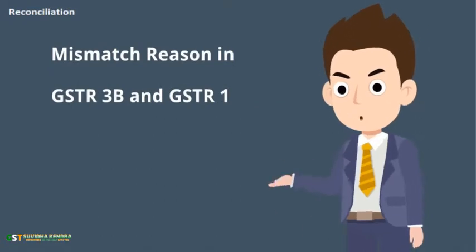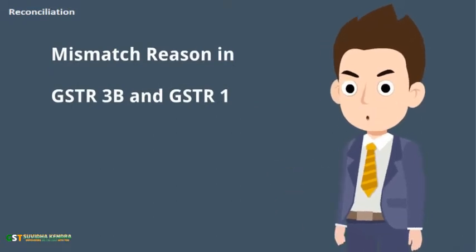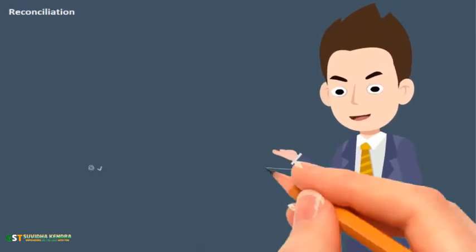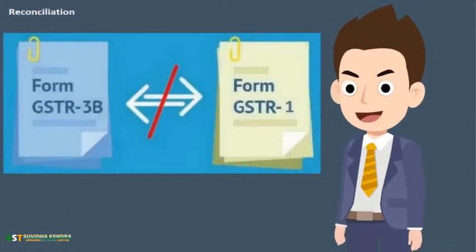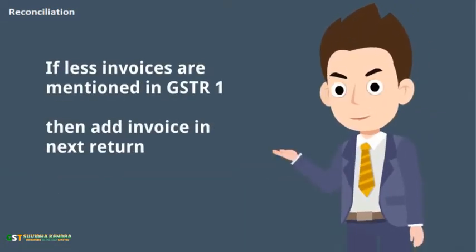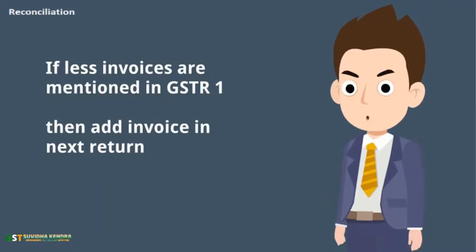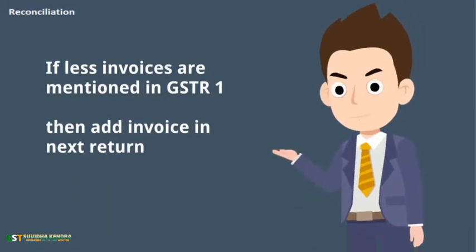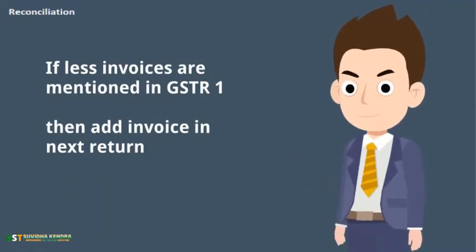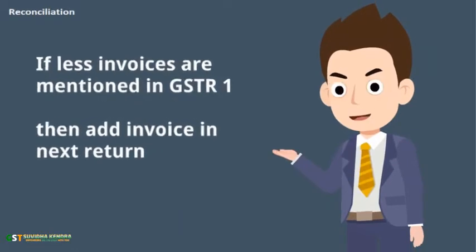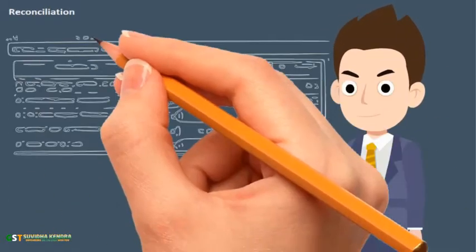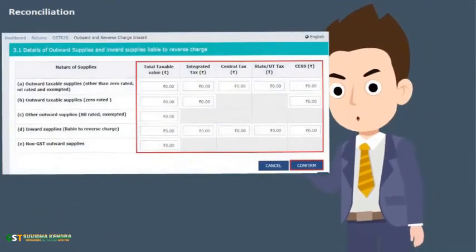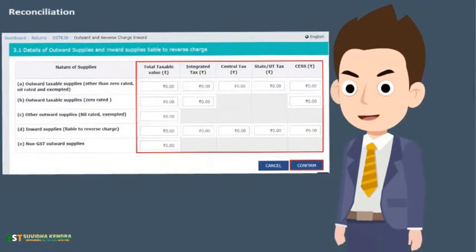Now moving to the second way of mismatch, that is mismatch in GSTR 3B and GSTR 1. When sales mentioned by supplier in GSTR 3B and GSTR 1 does not match, the mismatch occurred. It can be due to the reason that supplier has mentioned either less sale in GSTR 3B.